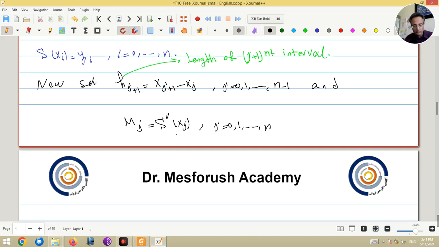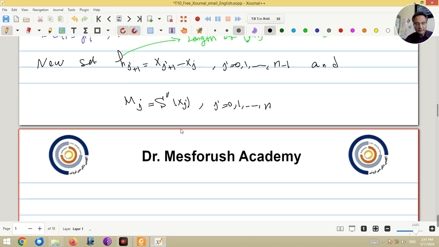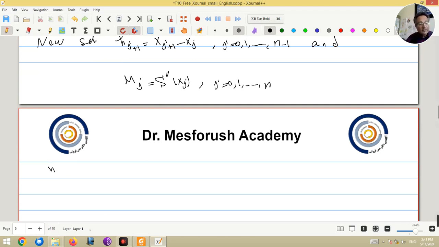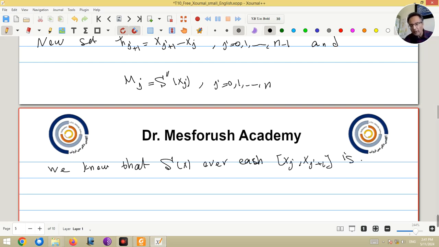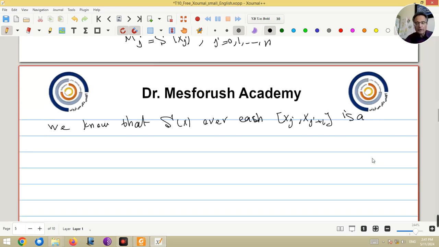We can in fact assume something like this. Now, we know that S of x over each interval xj and xj plus 1 is a polynomial of degree 3.